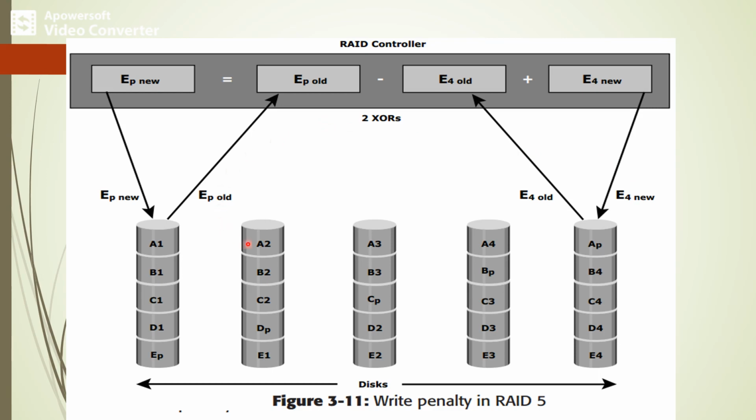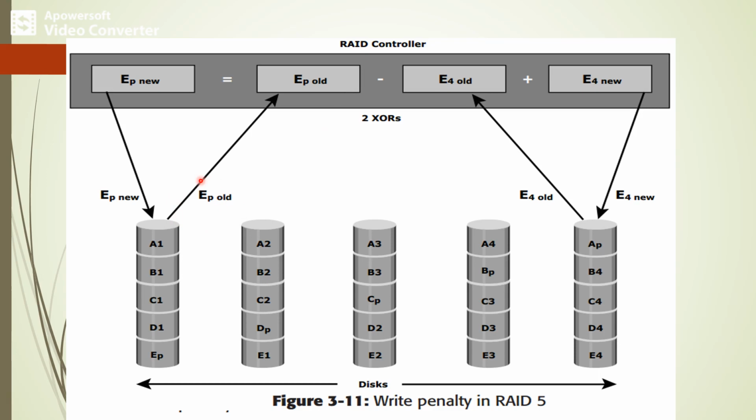In the diagram we can observe that I have to read 2 pieces of information from the disk, that is, the old data as well as the old parity. The RAID controller needs to read the old data as well as the old parity.